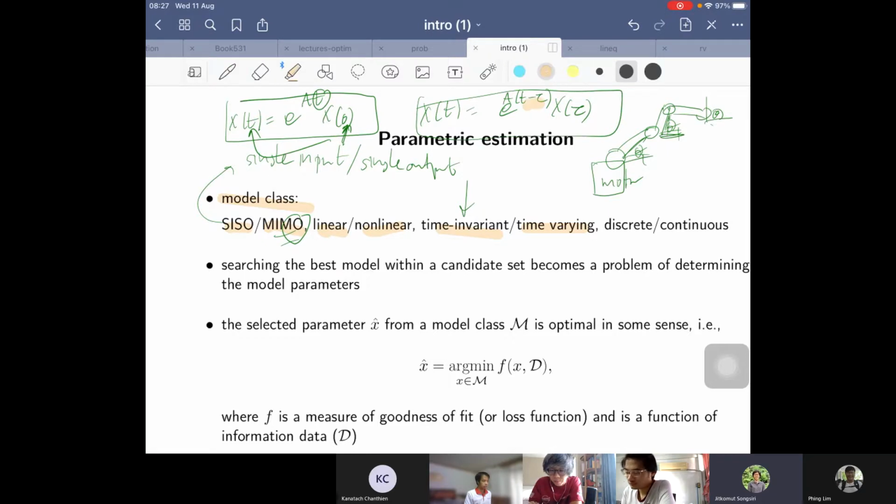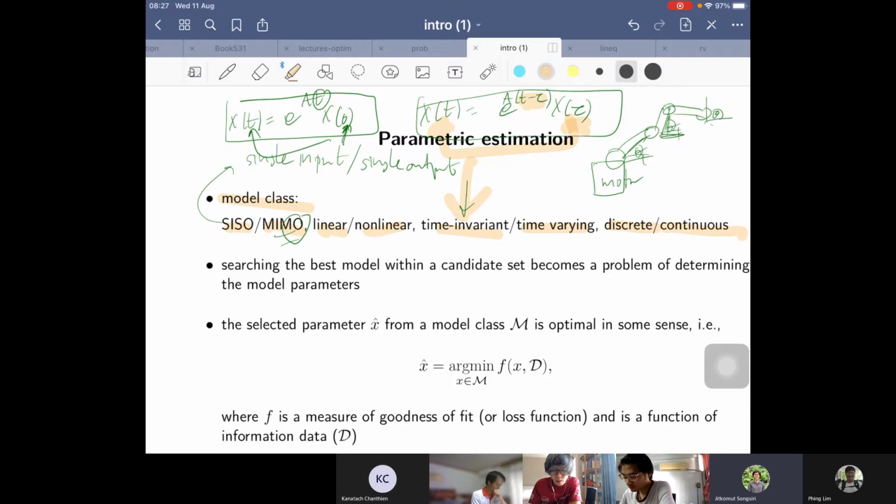So the response depends only on the time gap between those time points, and in this example we say that the system is time invariant. Another category is whether the system is discrete or continuous.